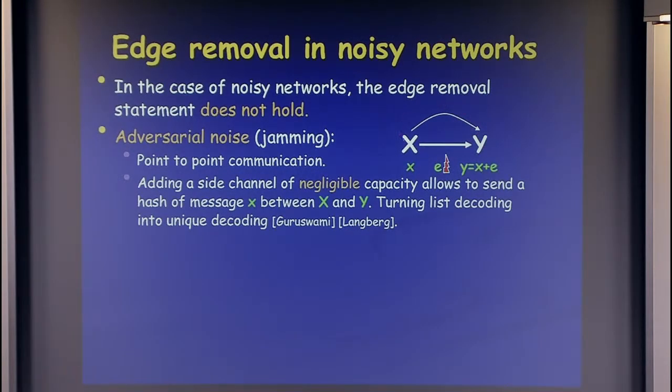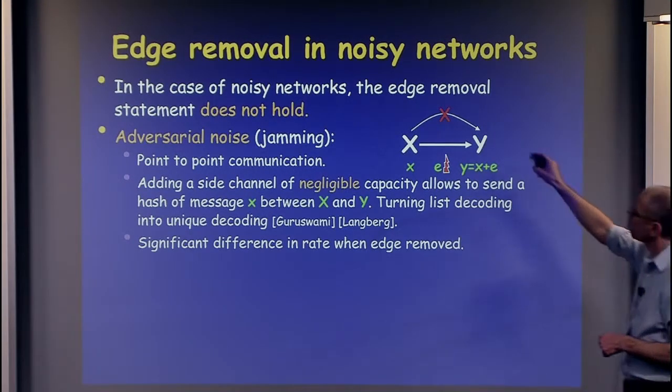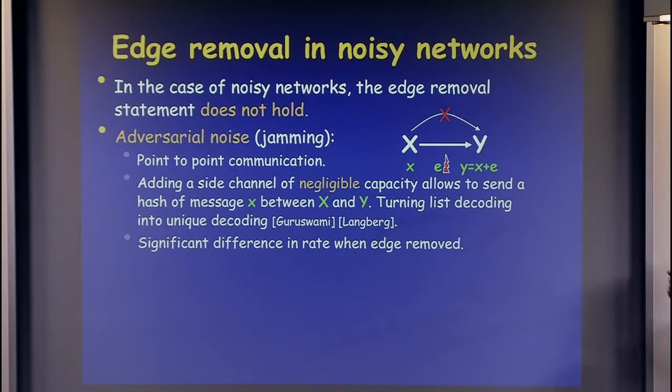So over this channel, the communication rate will be the list decoding rate. But of course, if you remove this link, then you're back to the standard unique decoding rate, and so there's a big gap. In this case of adversarial noise, if I remove this edge, which is negligible, like log n bits out of a block length of n, then the rate drops dramatically.